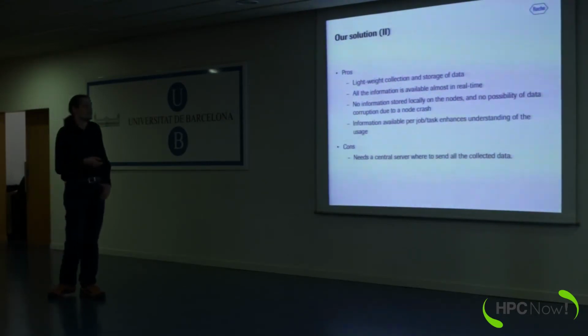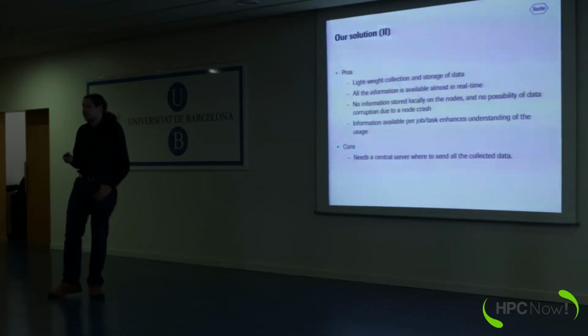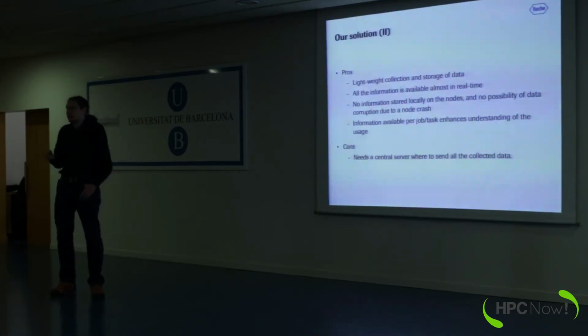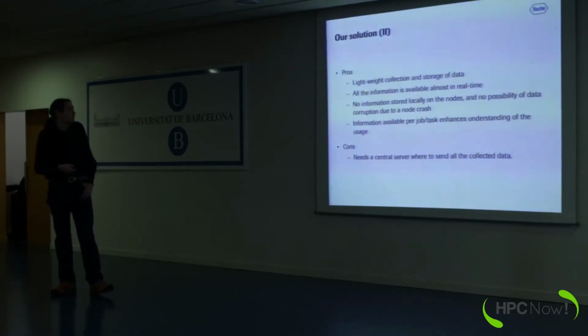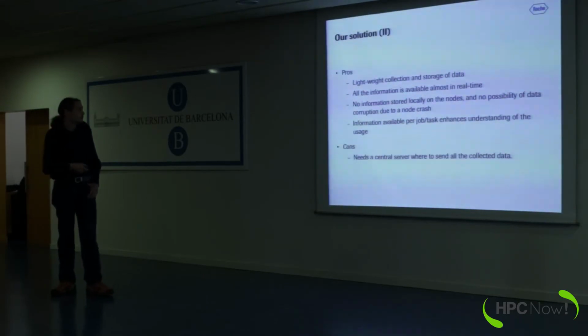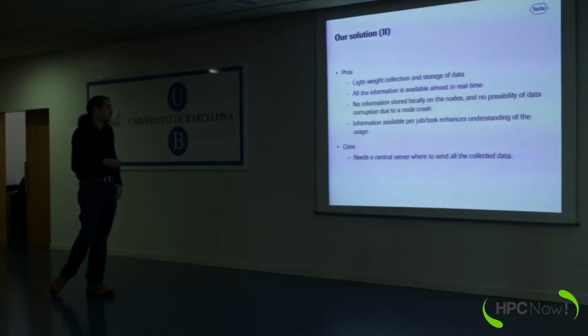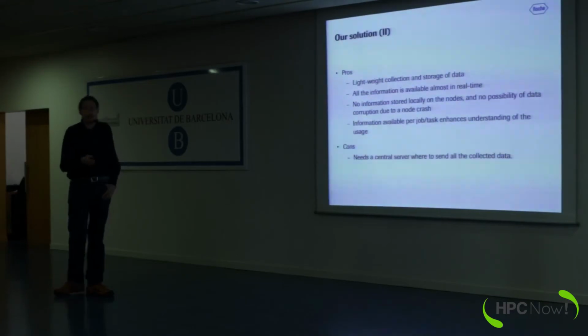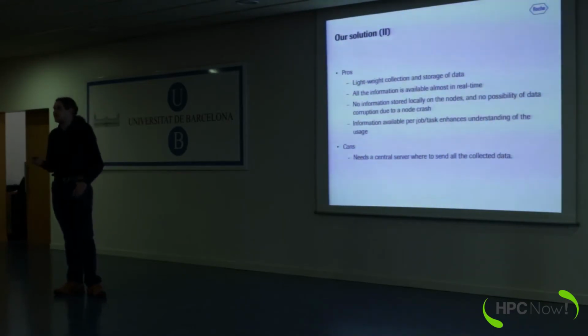There's no information stored locally, so if a node crashes, you will not lose any data because the data is not there. And the information on real time per job and task helps the user to understand how their applications are performing in real time.